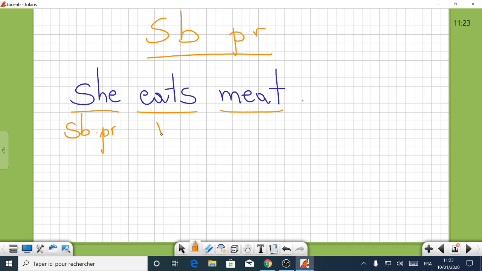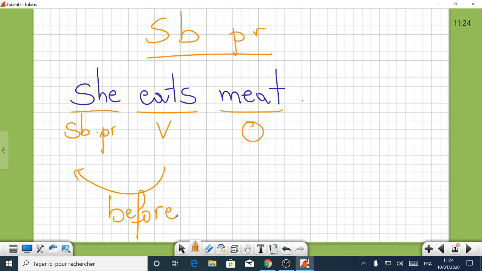Eats is a verb, and meat is an object: I eat what? I eat meat. So what is the right position of the subject pronoun? They come before a verb. Whenever we have a verb, which is an action, we need a subject.